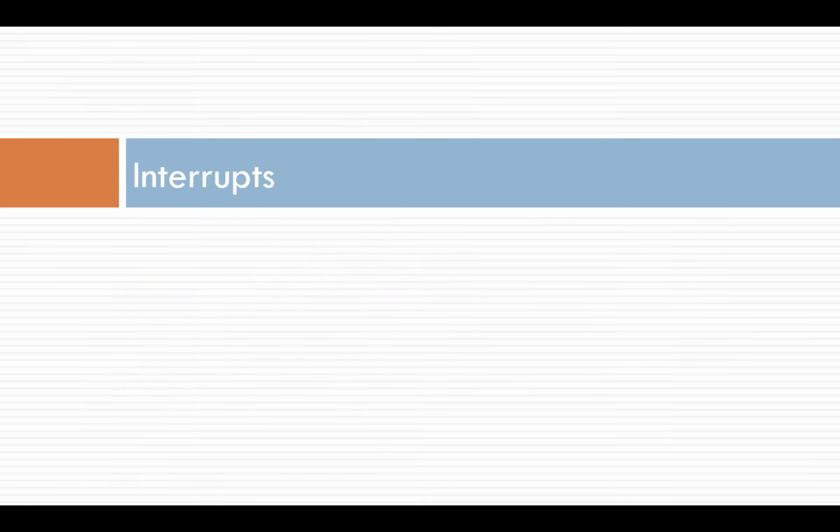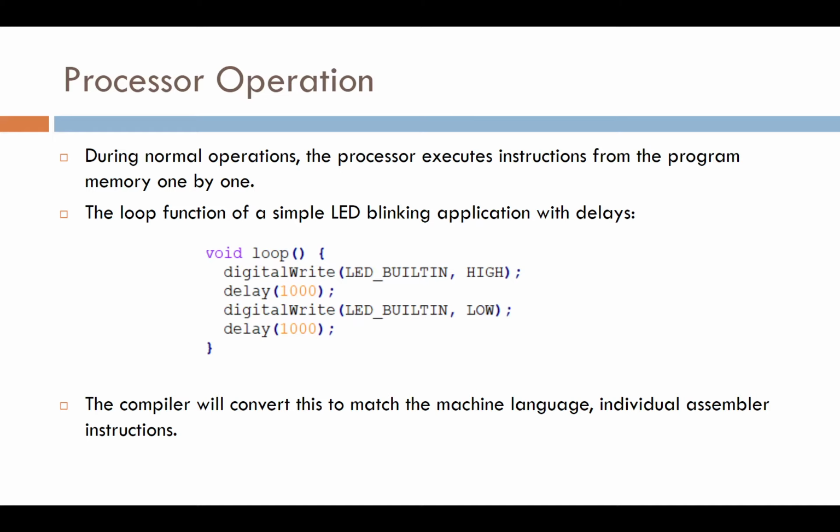Okay, and let's go to the first of these topics, which is interrupts. What is an interrupt? In normal operations, the processor executes instructions from the program memory, basically instruction by instruction.